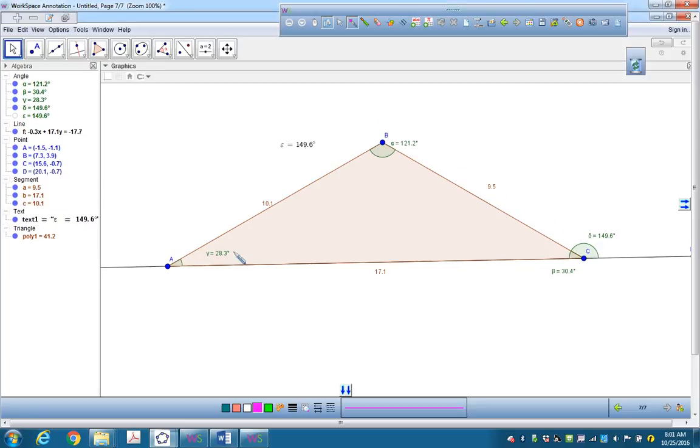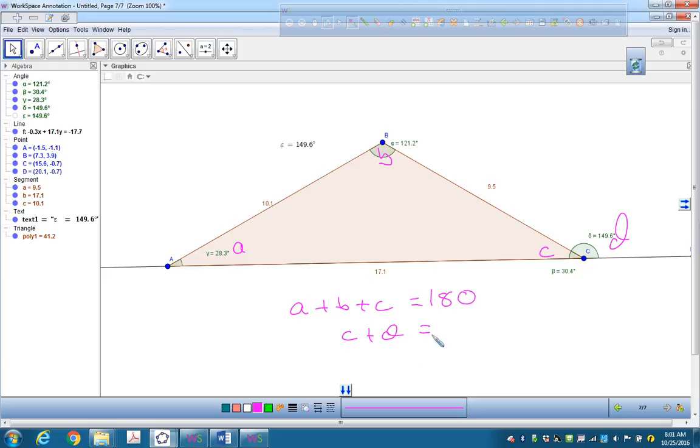Here's angle A, here's angle B, here's angle C, and here's angle D. What do A plus B plus C have to add up to? 180, right? What do C plus D have to add up to? 180, right? Therefore, what has to be true about A plus B plus C and C plus D?